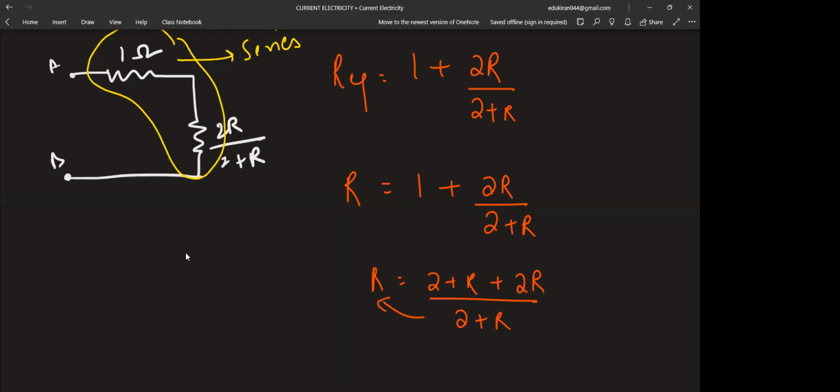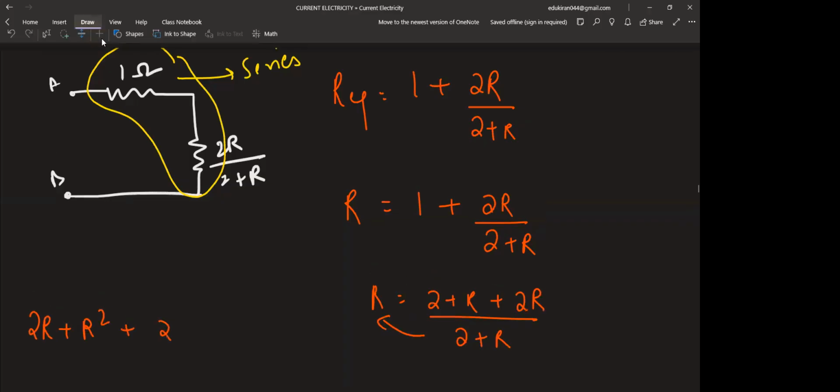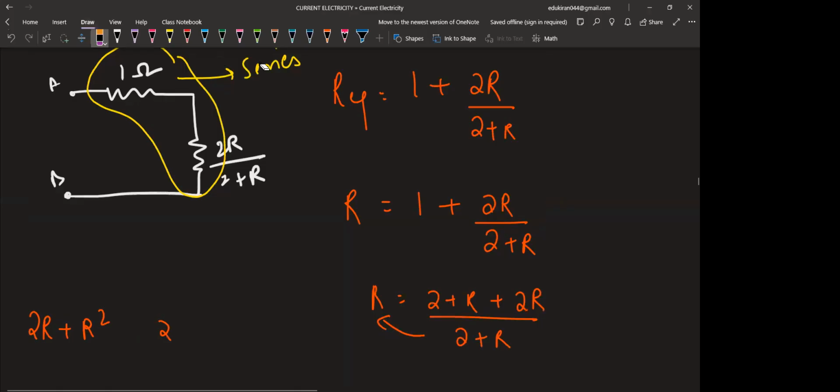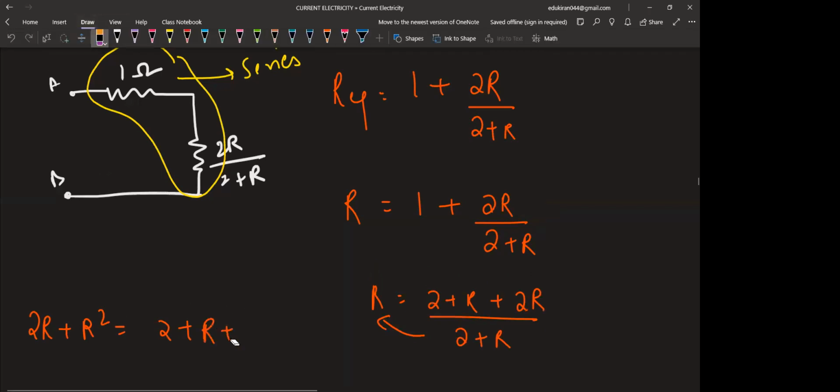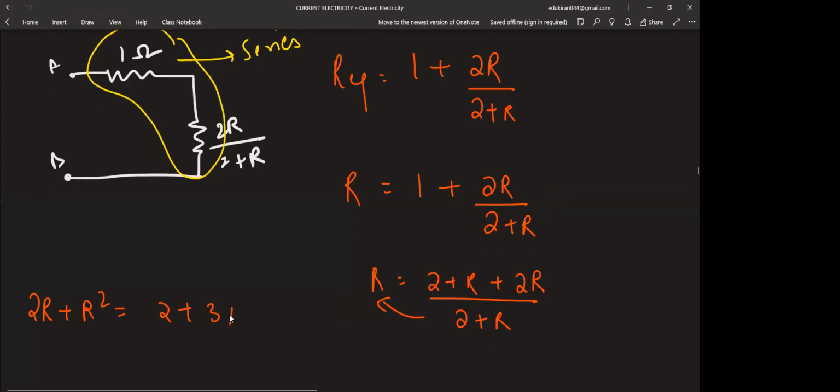Let's cross multiply here. This becomes 2R plus R square, equal to 3R.